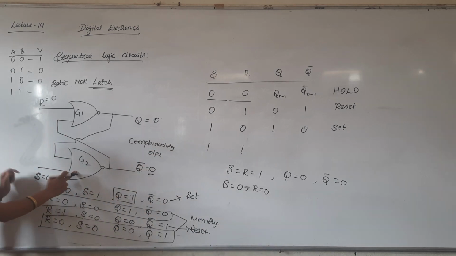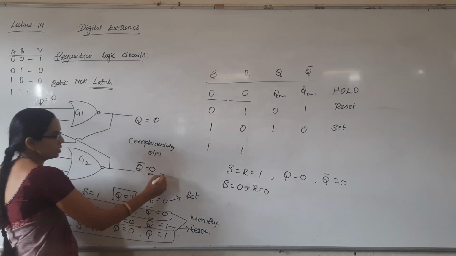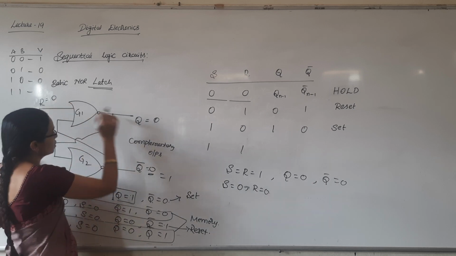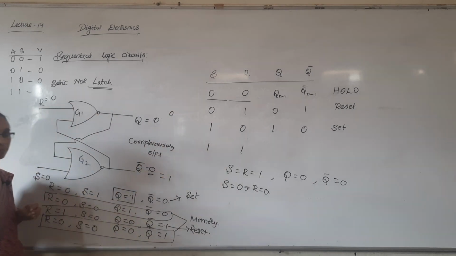If I analyze this gate first, 0 and 0 it is 1, 1 and 0 it is 0. What happened?